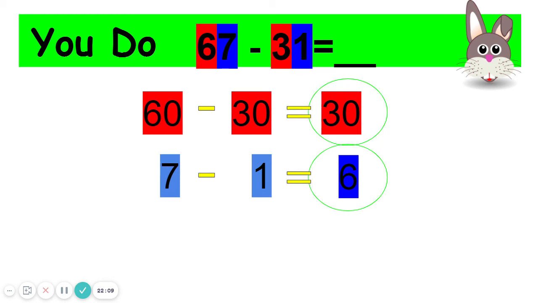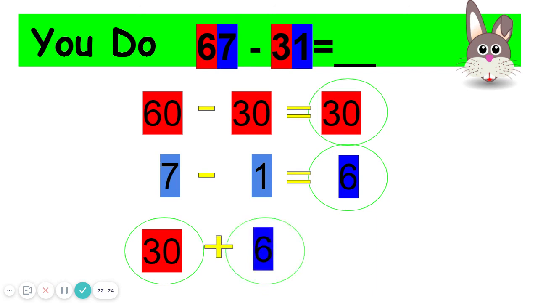What is our final step? Yes, we're going to add them together. To get our total difference, here we are, 30 plus 6. 30 plus 6 equals, push them together, 36.